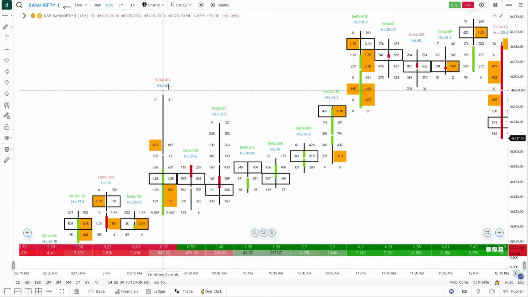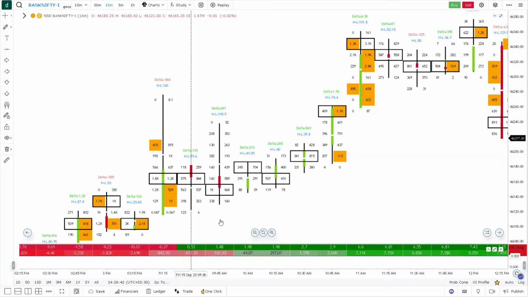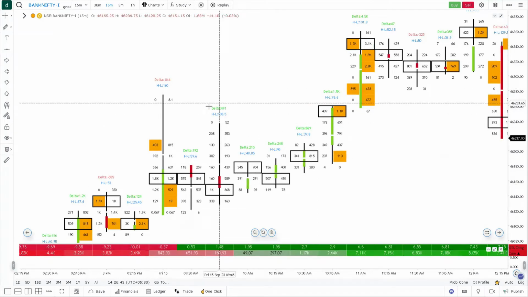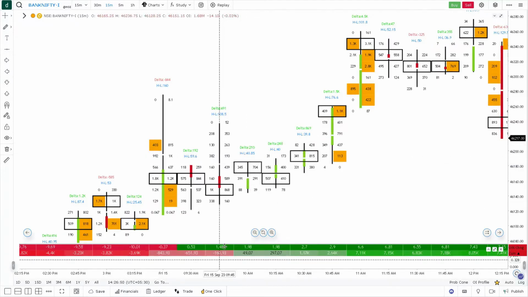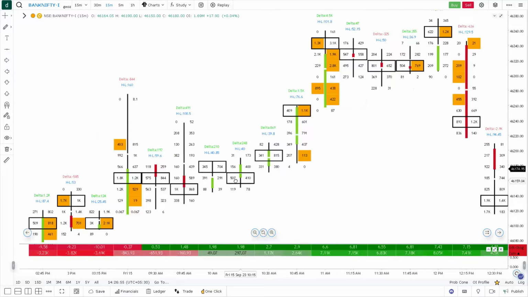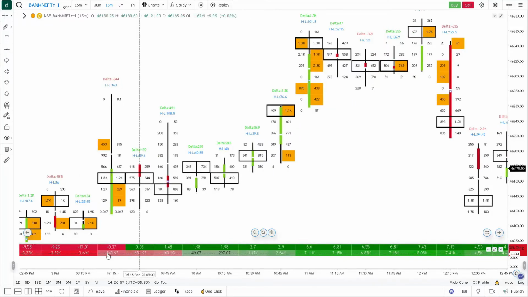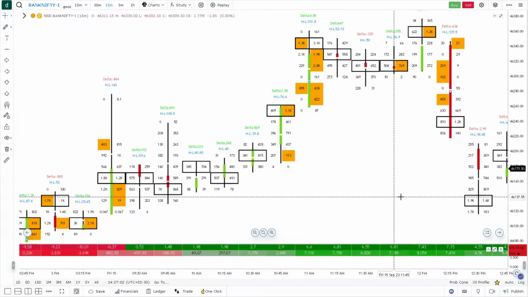When you add this, look at 651. Then again a positive delta of 160 has been added. Finally, when this 210 has been added, 160 plus 210, it will be 49. That's how this delta will be accumulated the whole day from 9:15 to 3:30.